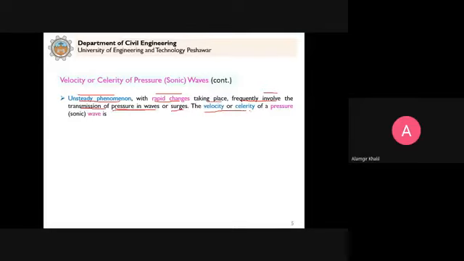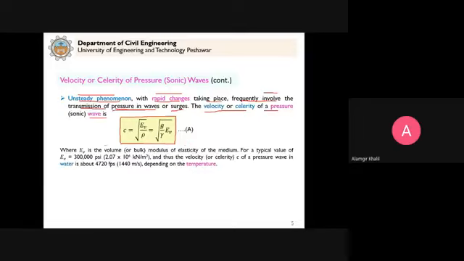So the velocity or celerity of the pressure wave is given by this equation that I just derived for you. This is given in your textbook chapter. I derived this equation so you understand where it comes from. Here, EV is the bulk modulus or modulus of elasticity of the medium.